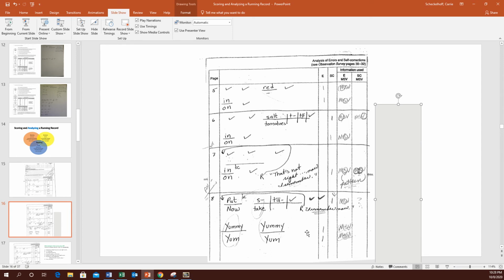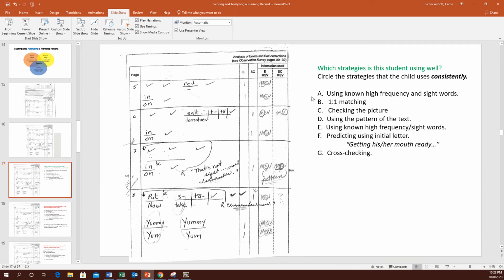All right, so that is how we are analyzing the running record. Now we're using these notations to help us say something about that student. So which strategies is this student showing us that they use well? Which strategies are they consistently using across this text? Are they using high frequency known sight words? Are they using one-to-one match consistently?